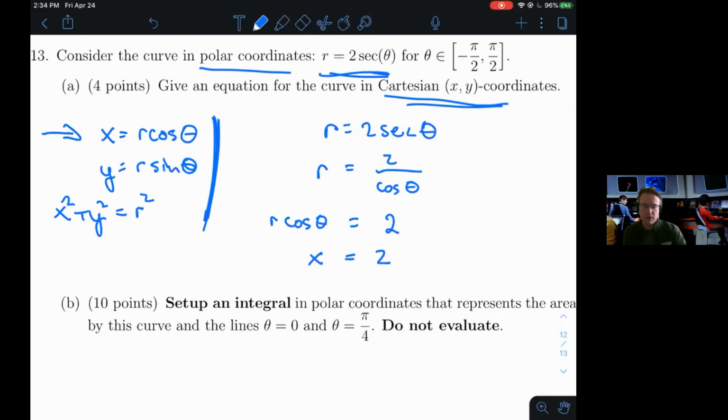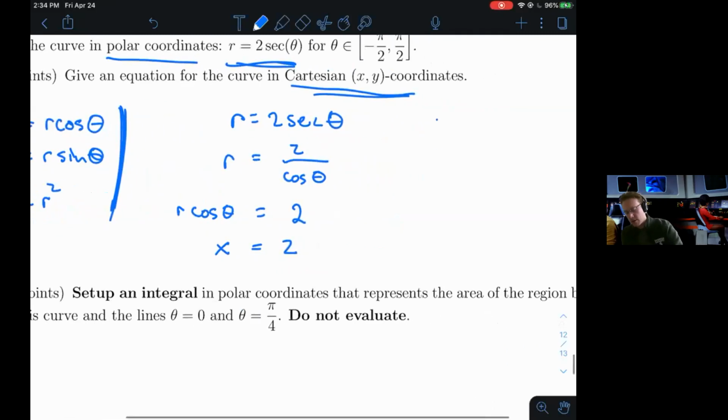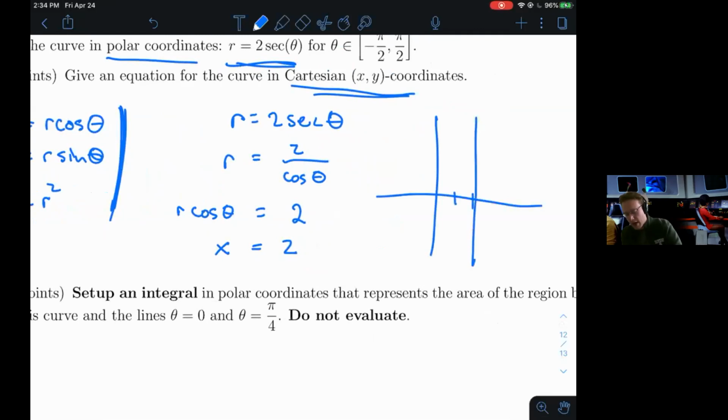And this is a perfectly good equation in Cartesian coordinates, right? We know what this looks like. It would just look like x equals 2, a nice vertical line at the x value of 2. And remember, sometimes Cartesian curves, even though they're allowed to have x's and y's in them, not every single curve has both an x and a y, right?